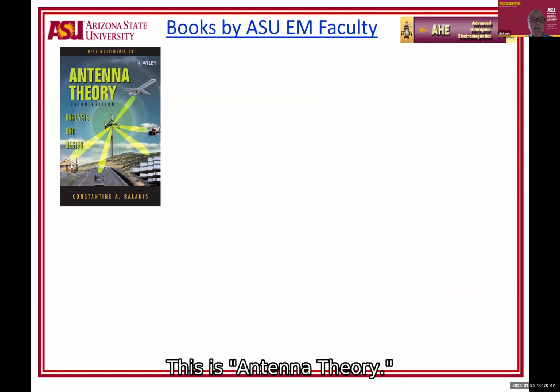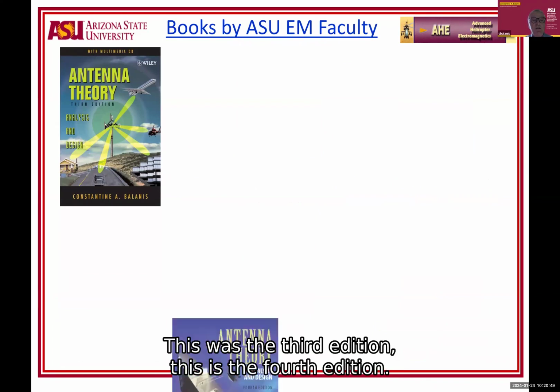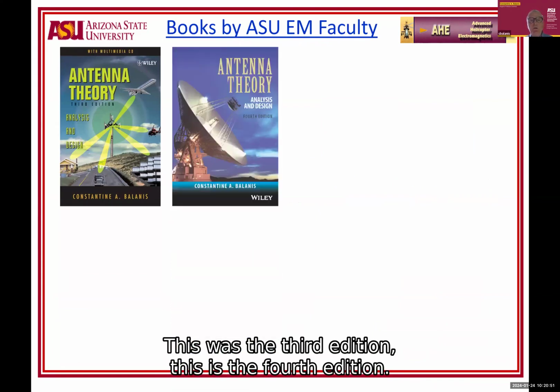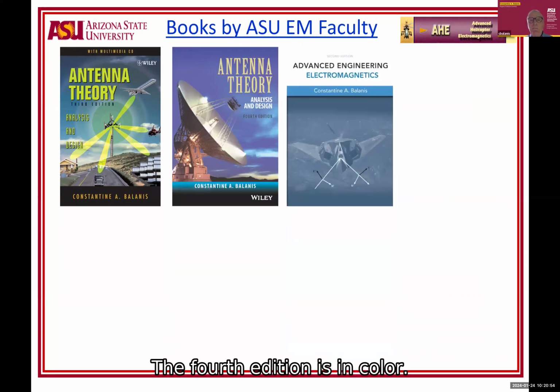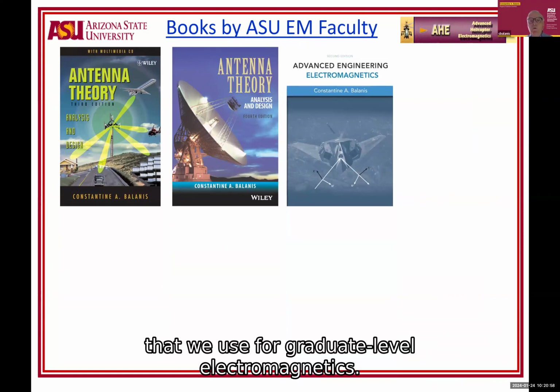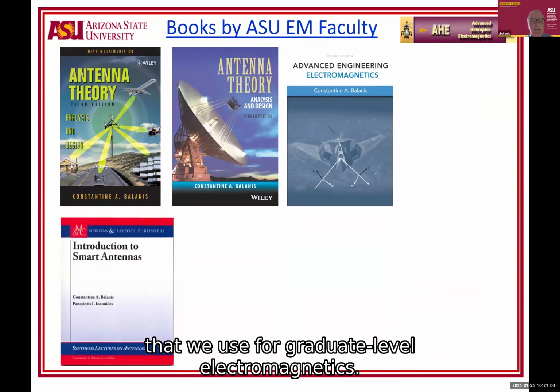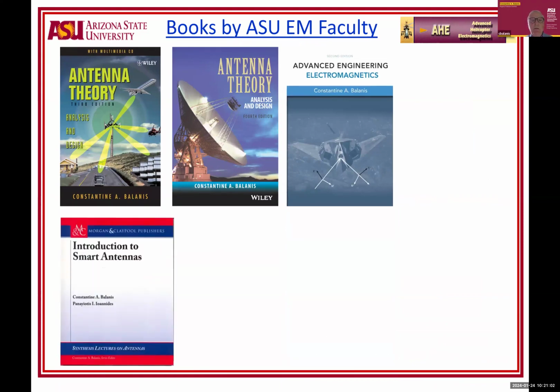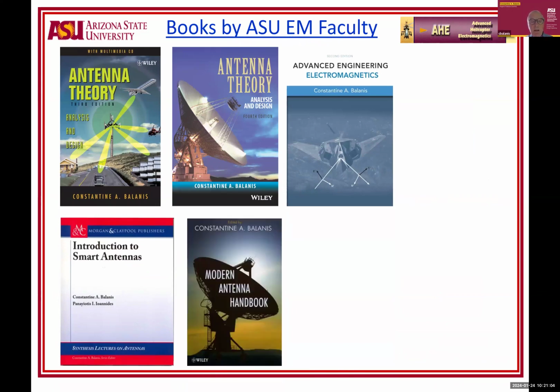This is Antenna Theory. This was the 3rd edition. This is the 4th edition. The 4th edition is in color. This is the graduate level book that we use for graduate level electromagnetics, smart antennas. Again, a book I authored. I edited a book, or a handbook, on modern antennas.